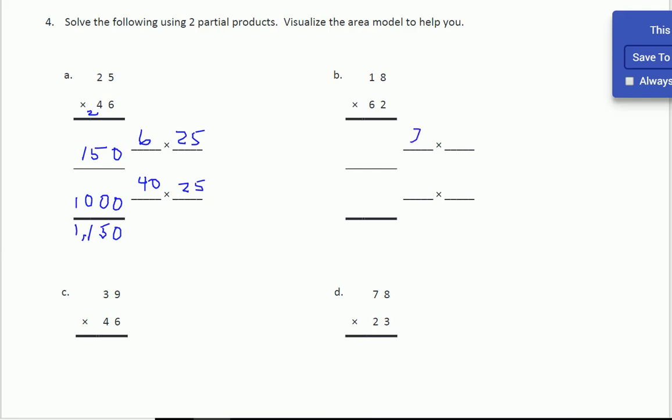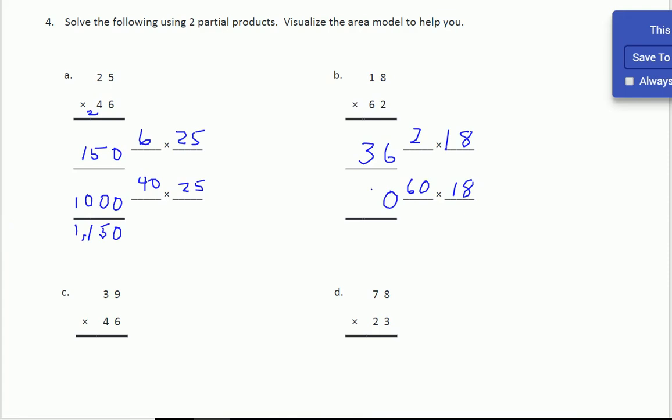Okay? And the next one we do the same way. Two partial products would be 2 times 18, and then 60 times 18. I'm going a little fast. Remember, you can always hit pause later. So we have 8 times 2 is 16. Carry the 1. 2 and 1 is 3, 36. Remember to erase that 1. And then we'll go 60, but we have to put a 0 there because it's in the tens place.